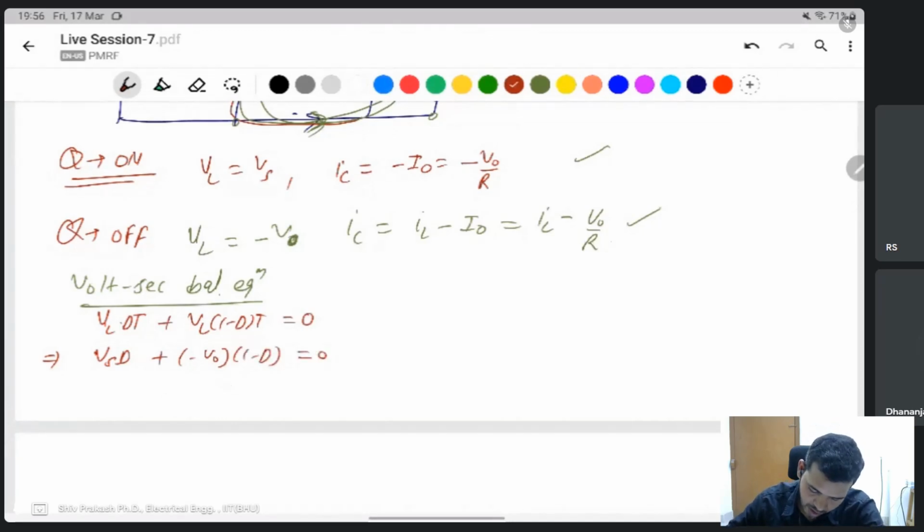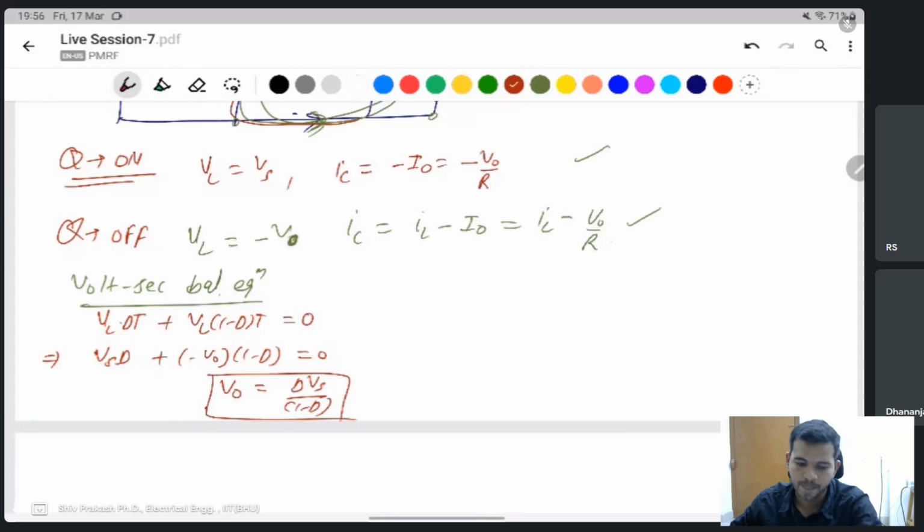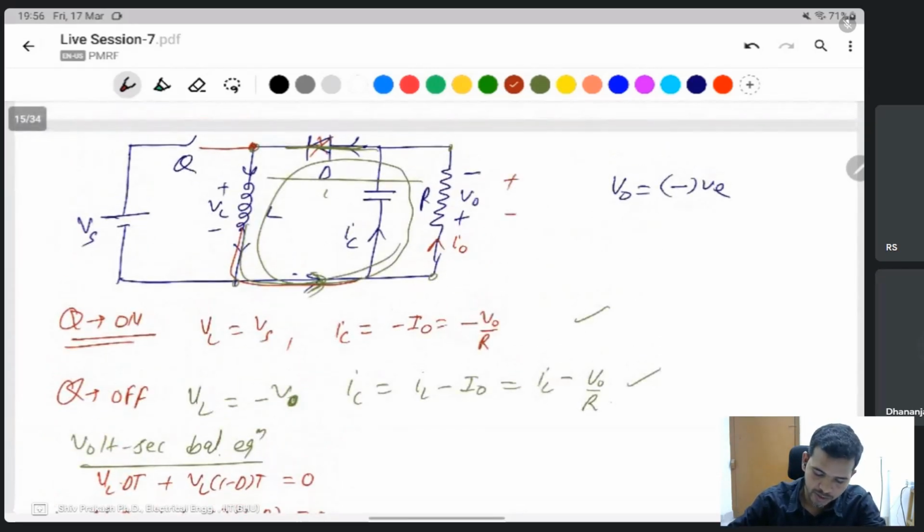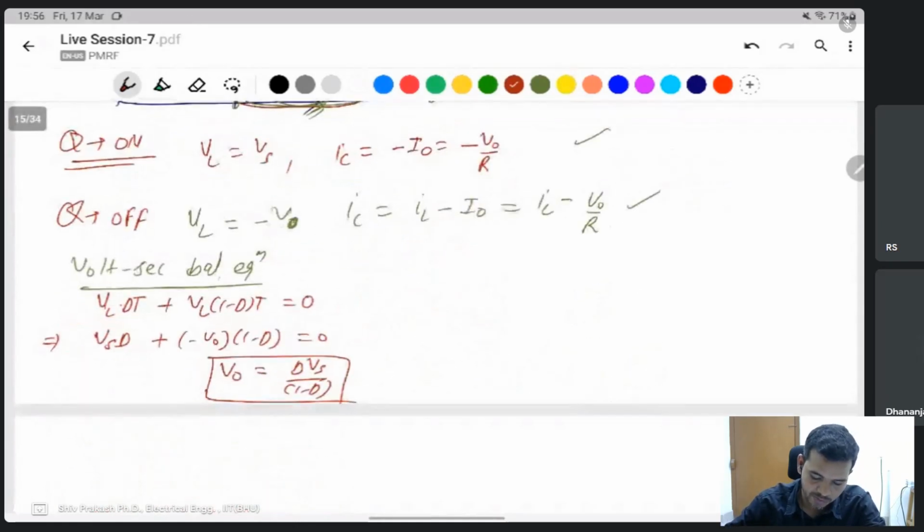You can find the output voltage is dVs divided by 1 minus d. If you take this one as positive and this one as negative, then it appears as positive. This voltage is positive, and here is positive. It means the output voltage is negative. Finally, buck boost converter.